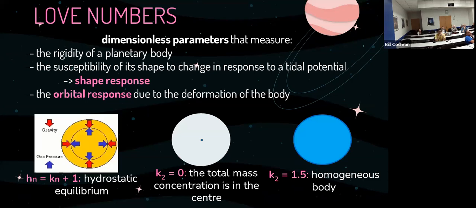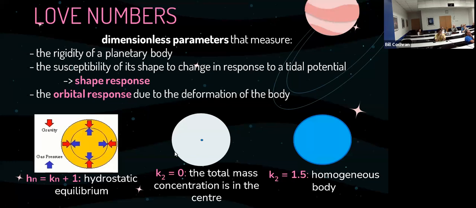And there are special cases in which it's easy to get the Love numbers. Whenever we have hydrostatic equilibrium, for any order n, there is this special relation here between Hn and Kn. So whenever we have one, we can have the other for any n of the series.